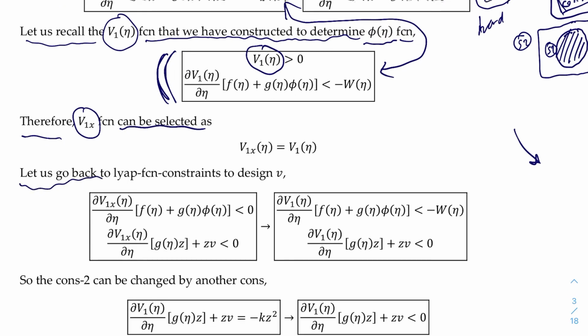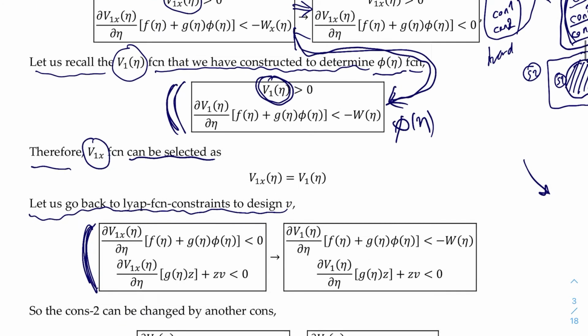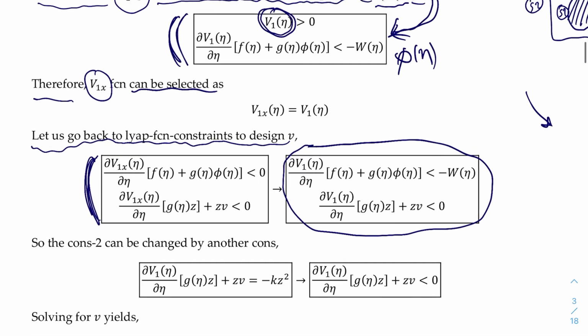Let us go back to the Lyapunov function constraints to design v. These are the constraints. Remembering that we have dealt with this v1 to find phi of eta before, we can just focus on that problem. That's great.